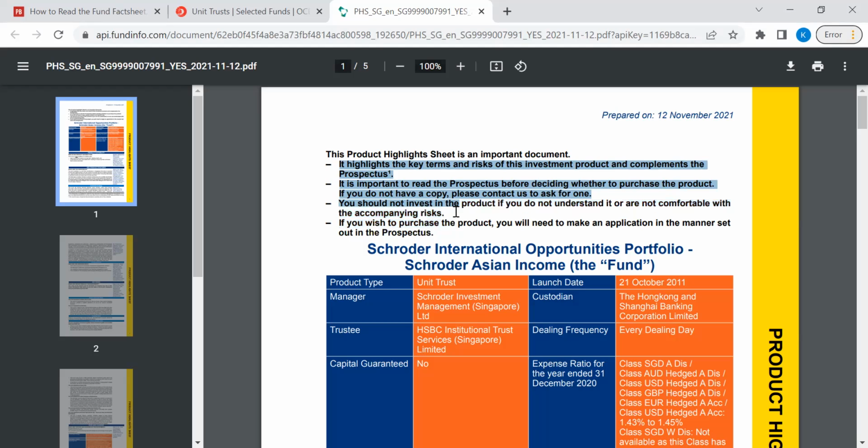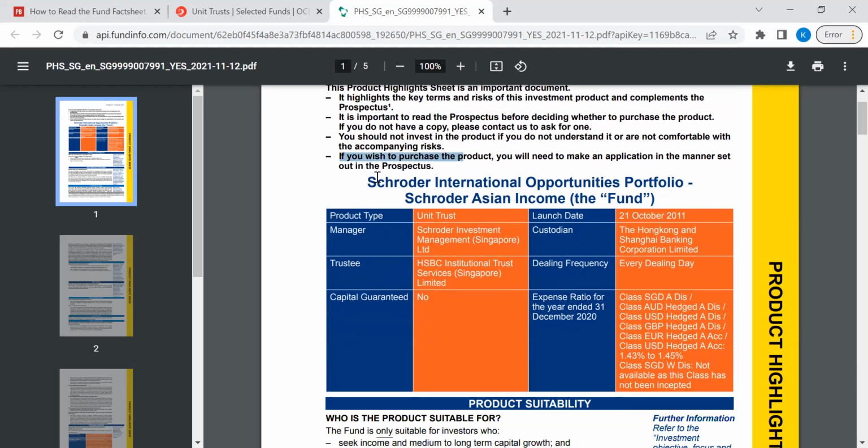So these are the disclaimers provided by Schroders, of course, because they are the ones who actually craft all these fund details. If you wish to purchase the product, you will need to make an application in the manner set out in the prospectus.